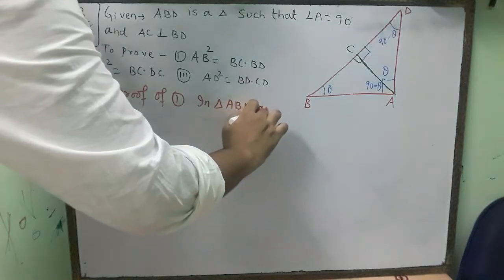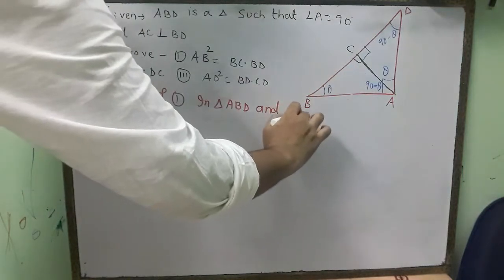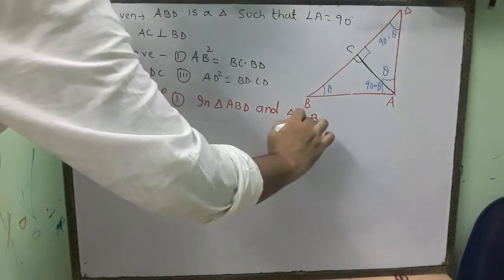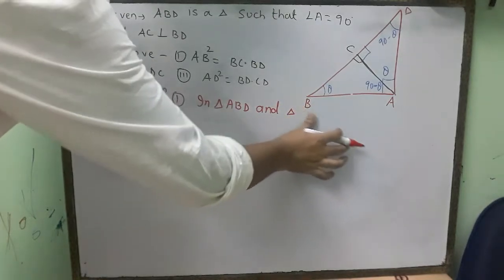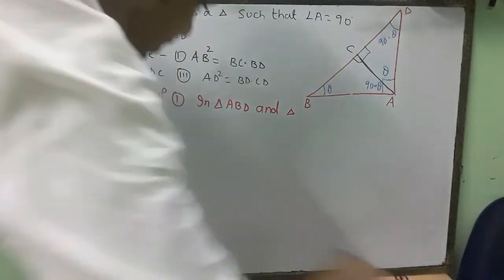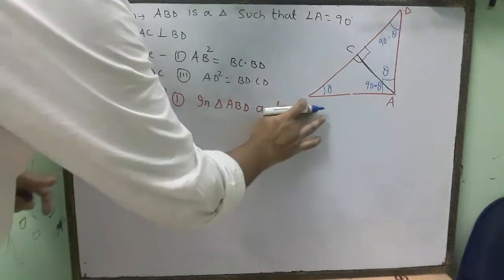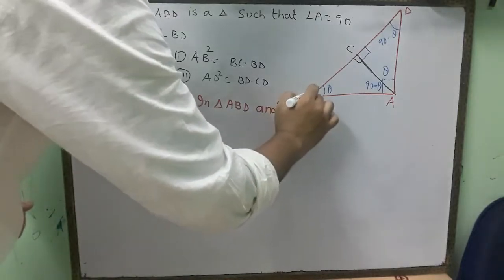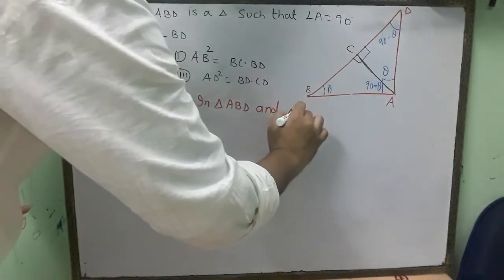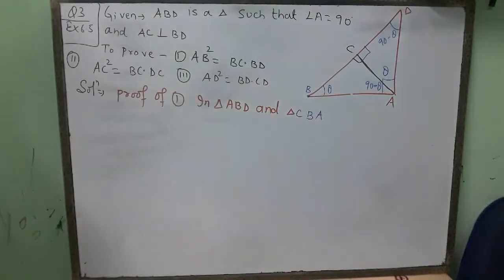So in this triangle I will start from C. Now B is common, so CBA, not ABC. It will be called CBA. This will be the angle.